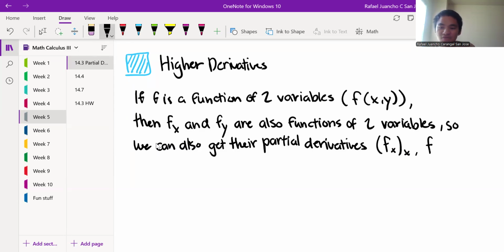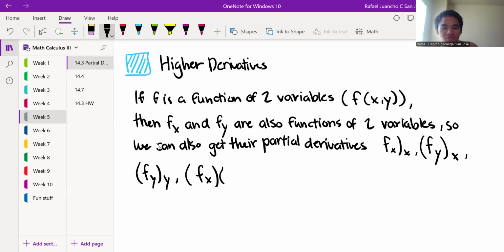Another way is that we could get the partial derivative with respect to x and then with respect to y. So the first one was with respect to x and then x again. The other one is with respect to x, then with respect to y. And then we could do something with respect to y, then y again.